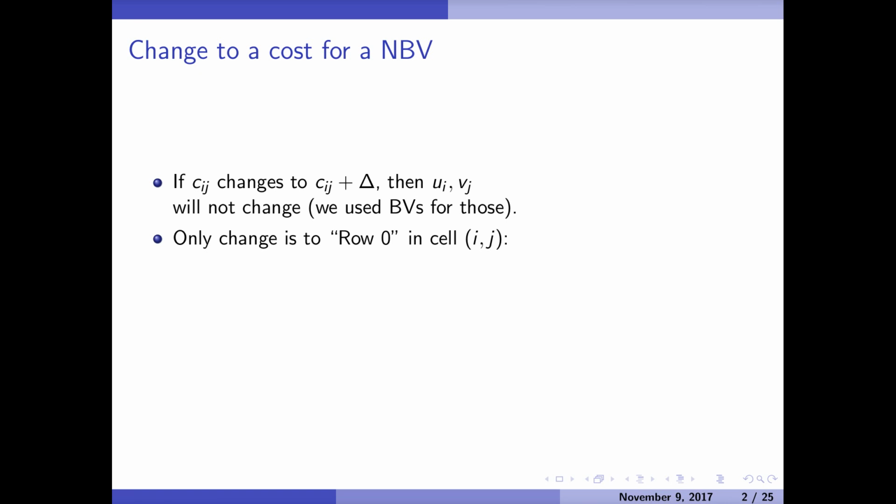Those are the numbers in parentheses that we were computing. In row 0, we were computing Cij minus Ui plus Vj. In the case that we change Cij, we just add the delta here. That's going to be straightforward because this is the old value that was in parentheses, and we're just going to be adding delta to it.